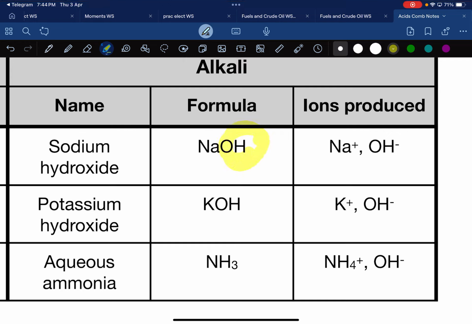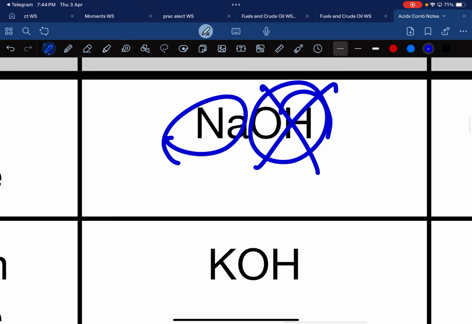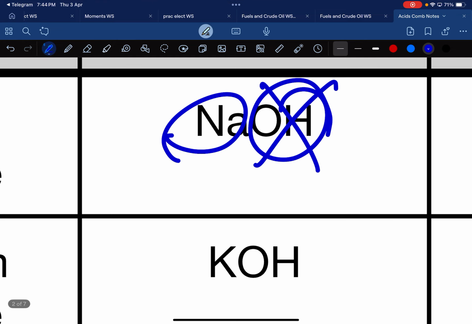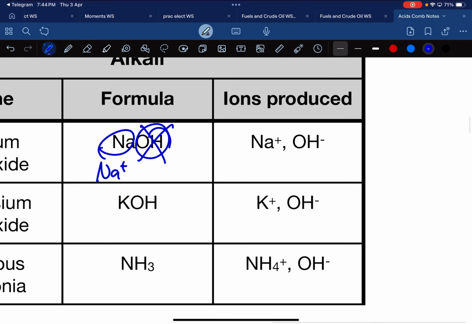So you just take away the OH-, and then who are you left with? Metals always form positive ions, Na+. Good? Same thing for potassium hydroxide.